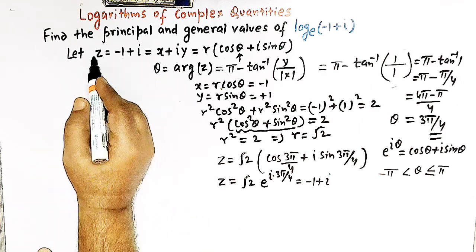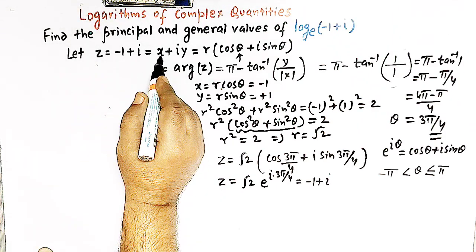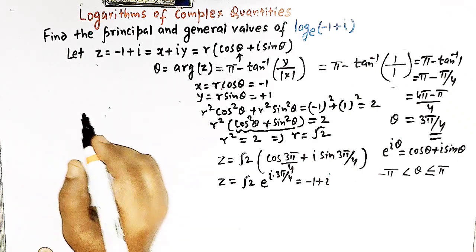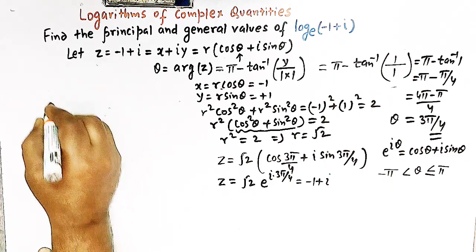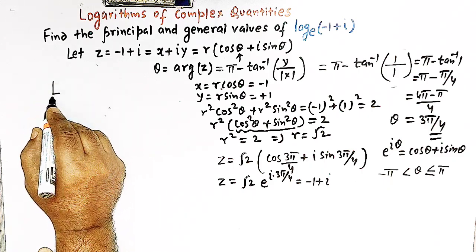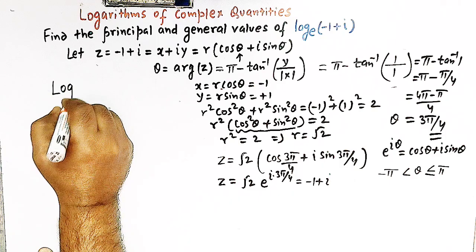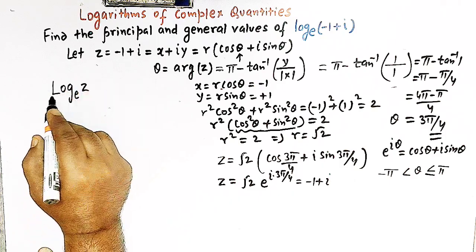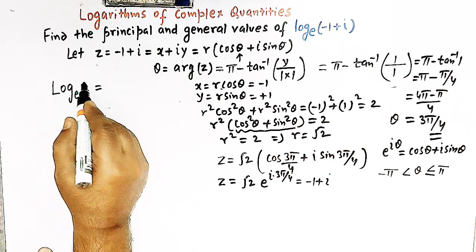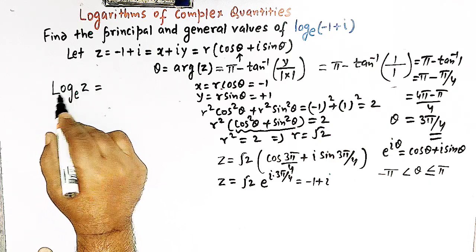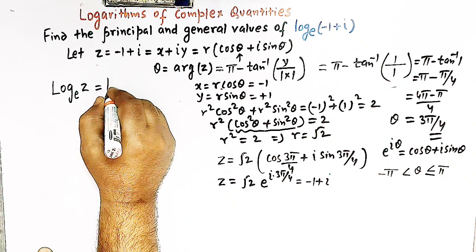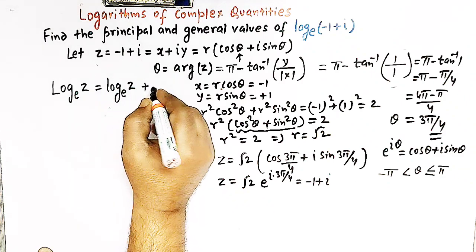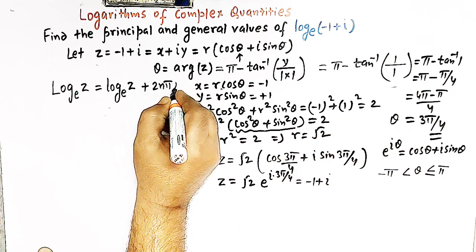So now if we have a complex number z equal to x plus iy, then the general value of the logarithm of z is denoted by capital L, and the expression for the general value is given by log of z to the base e plus 2n pi I, right?